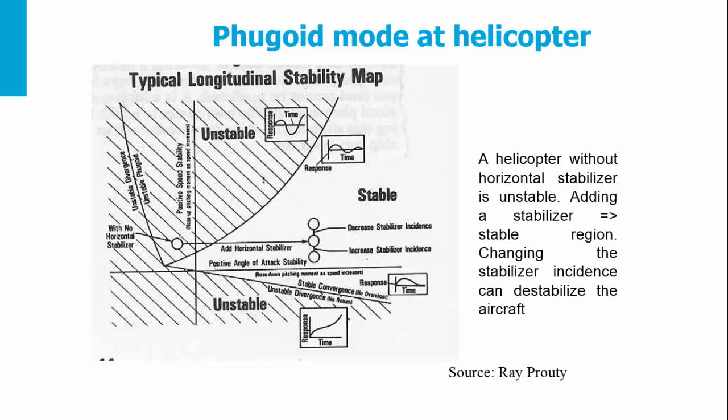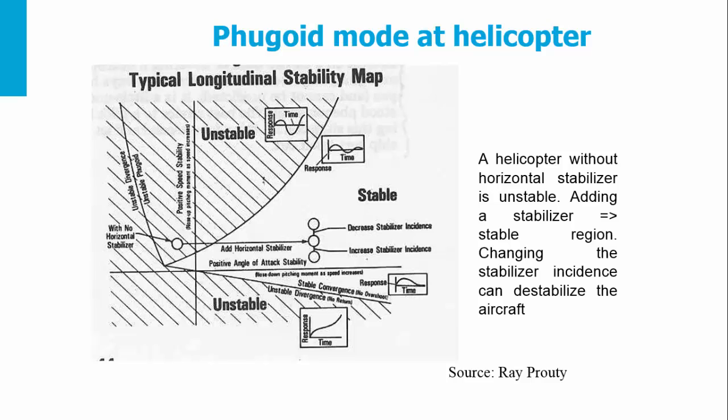In this picture, you see on the horizontal axis the angle of attack stability. The positive angle of attack stability means a nose-down pitching moment as the speed is increasing. On the vertical axis, you see the speed stability. A positive speed stability means a nose-up pitching moment as the speed increases.